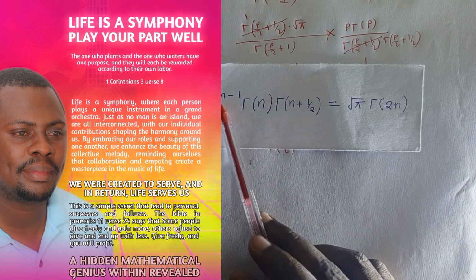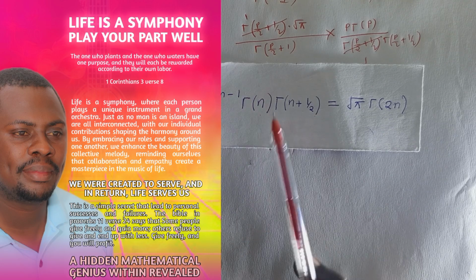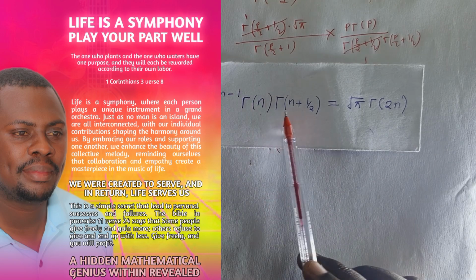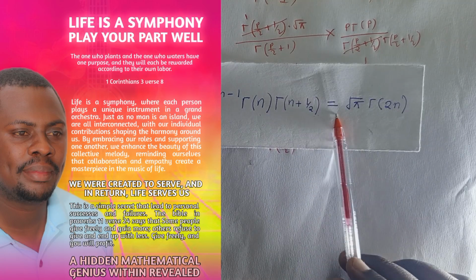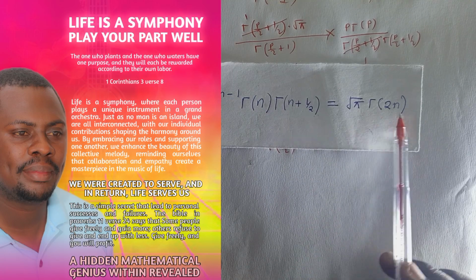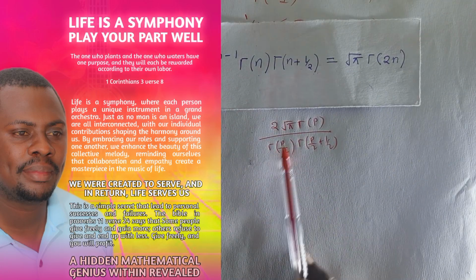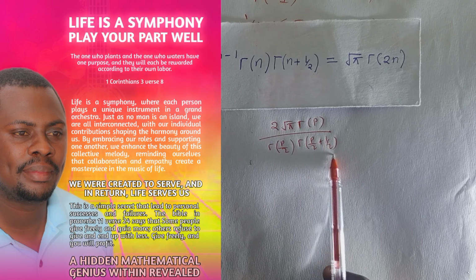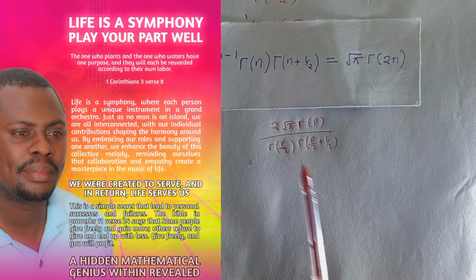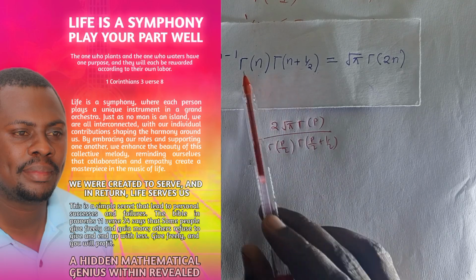So we have 2 to the power 2n minus 1, gamma of n, then multiplied by gamma of n plus 1 over 2 is equal to square root of pi gamma of 2n. So we can see that here we have gamma of p over 2 and gamma of p over 2 plus 1 over 2. If you substitute p over 2 by n, you get this.